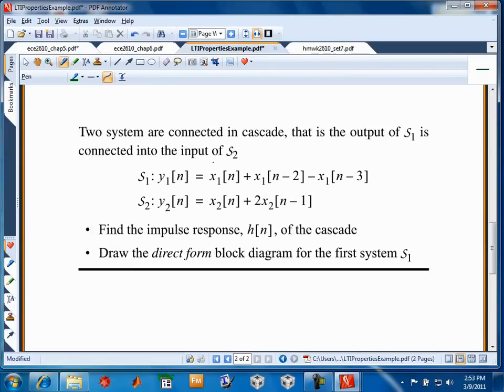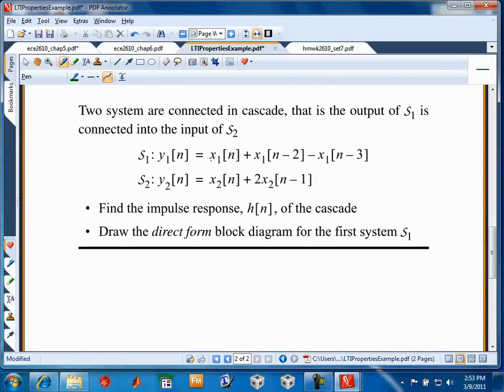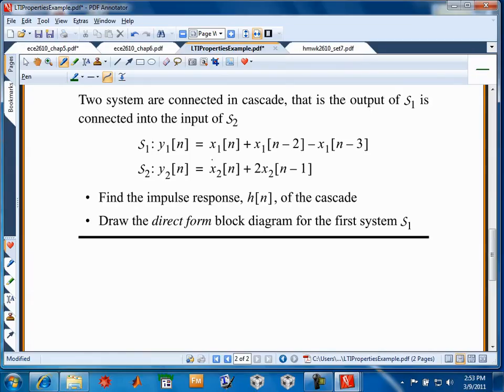So in this worksheet example, there's two difference equations given describing two different systems. So just from the difference equations, this one has corresponding to it an h1 of n, and this one has corresponding to it an h2 of n, right? So what is the impulse response? This was a question that came up in the quiz last week.